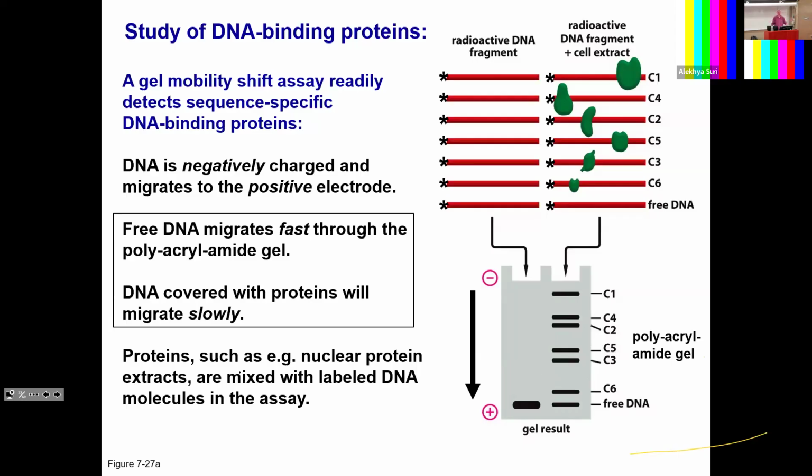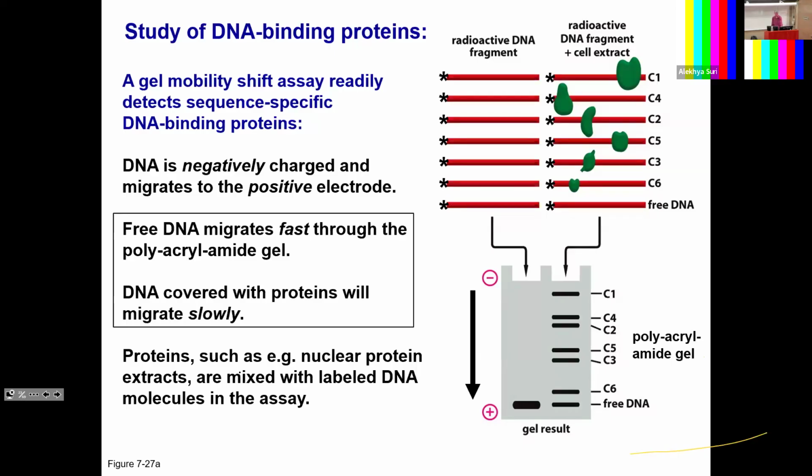If you carry something big and you want to go to the train station, you will not get there very fast. If you have a little pocket or a bag, you can go very fast. It's the same here with the DNA. If you have small fragments, or small proteins bound to the DNA, you will see it running quite a distance.